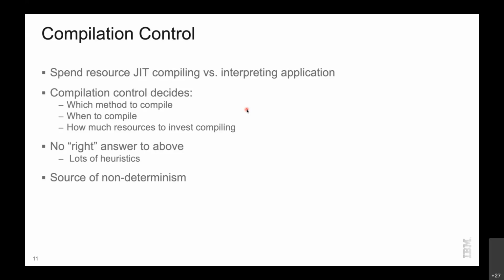Well, compilation control logic is what decides that answer. It also decides when to compile. Compiling methods too early may give us a short-term gain, but at a cost of lower overall performance later on, as we haven't really collected enough information about the execution of a method to be able to make good compiling decisions.